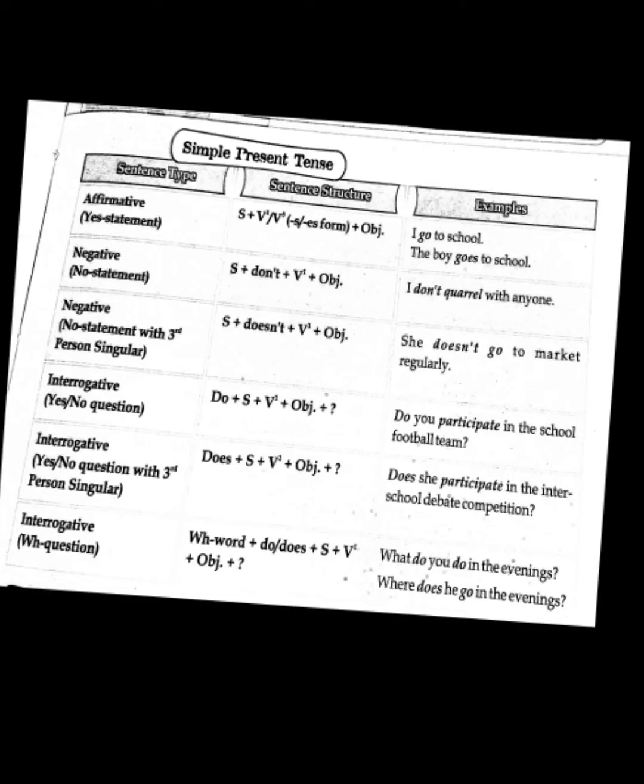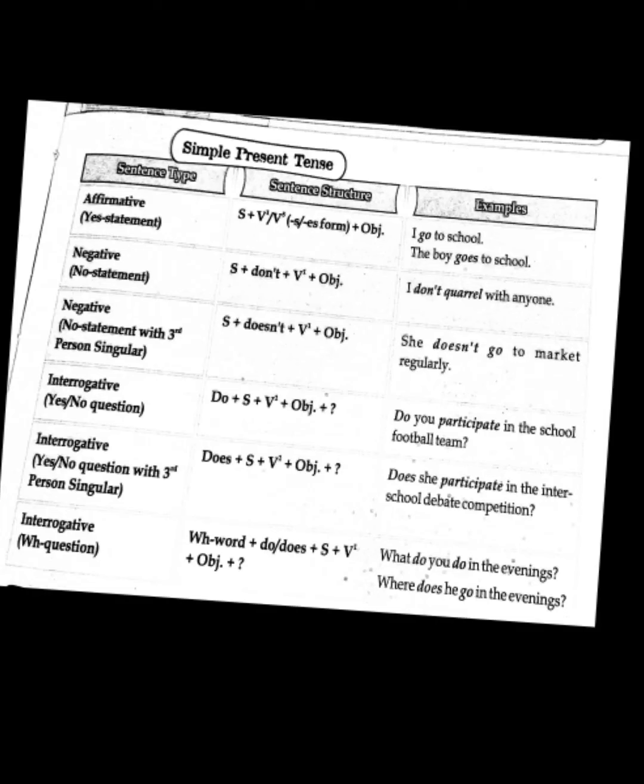So here at the first position you have to use does. Always remember that whenever we have third person singular, with that I have to use does for framing question. Does will come at the first position. So does plus subject plus verb first form plus object plus question mark. So example can be, does she participate in the inter-school debate competition?